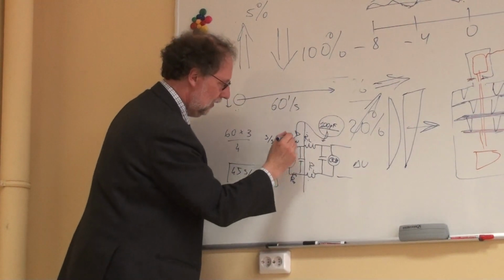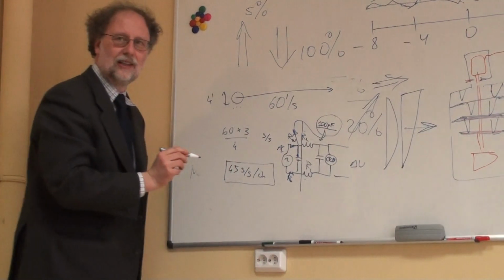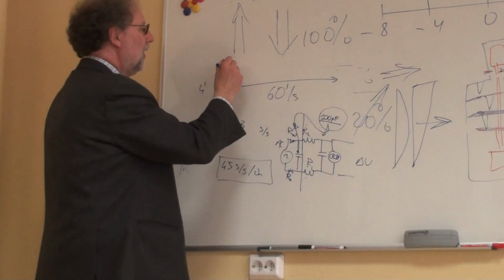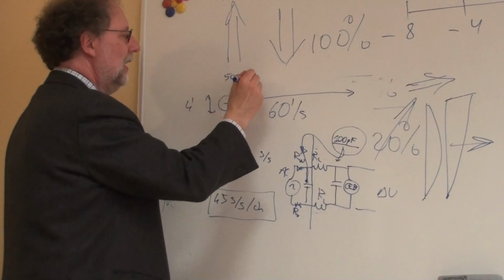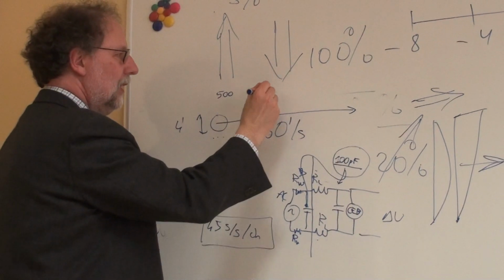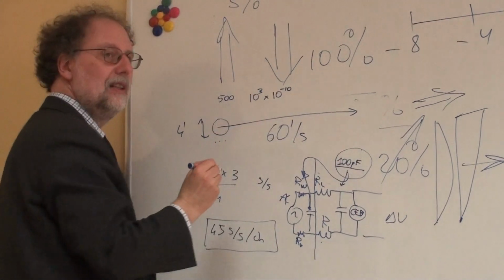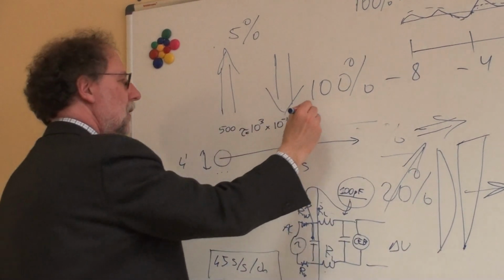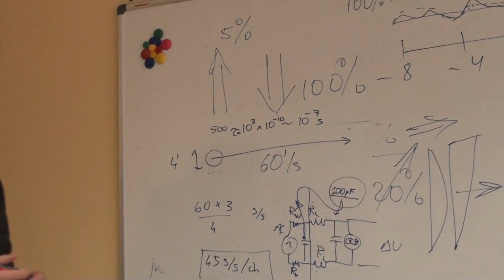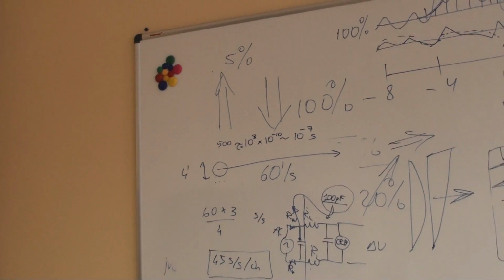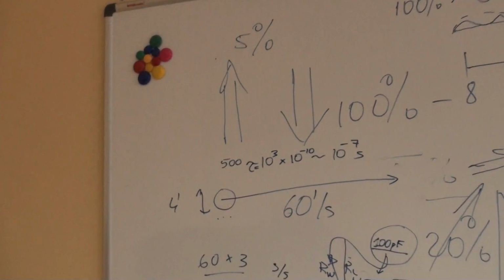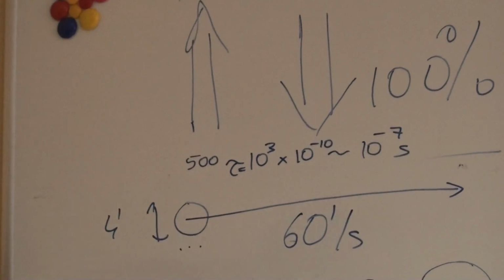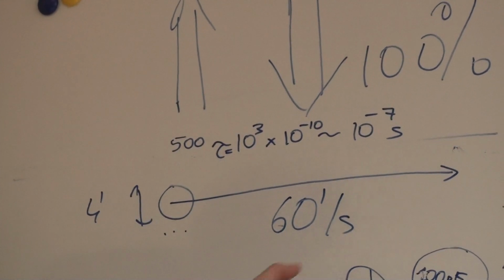This capacitance is exactly 100 picofarad. So you have 500 ohms or 1 kilo ohm times 10 to the minus 10 farad, the time constant. So not a problem. It should really be a bias resistance on chip. If you don't have the bias resistance on chip, it's a problem. If you put the load resistor at room temperature, it's a big problem. But if you do it this way, it's okay.